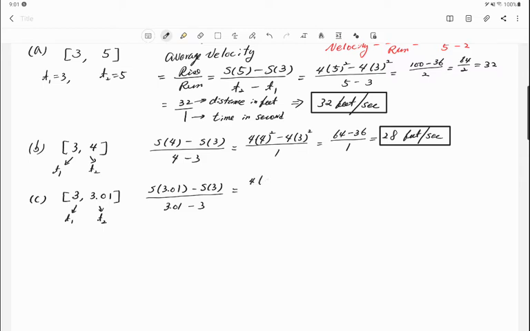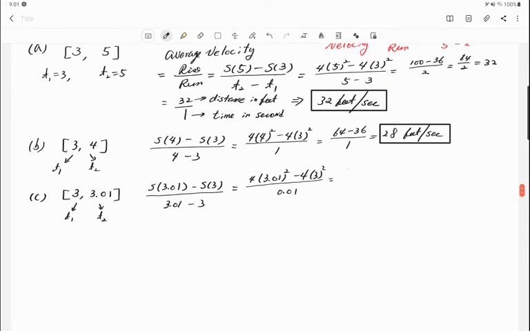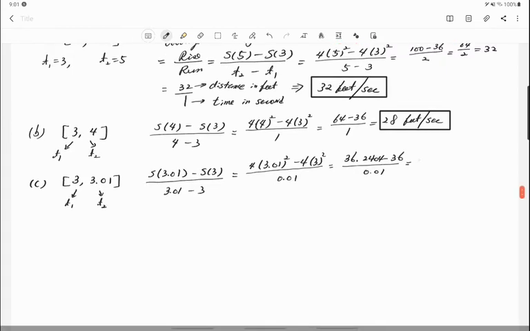Then 4 times 3.01 squared minus 4 times 3 squared over 0.01. In this case, use a calculator. That will be 36.2404 minus 36 over 0.01. Then this is approximately equal to 24.04.